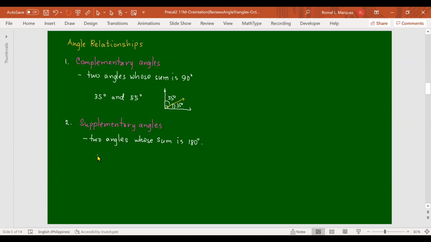So we have 120 degrees and 60 degrees supplementary. What about a sum of 360? Conjugate. Conjugate, okay?